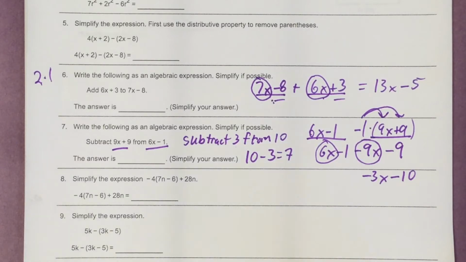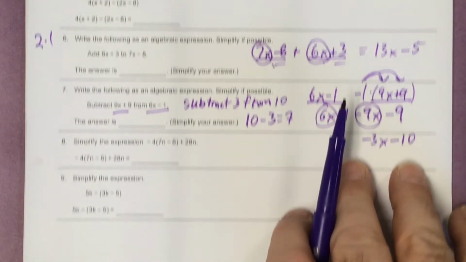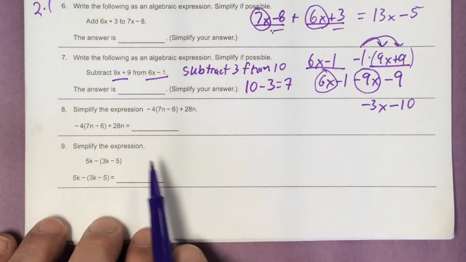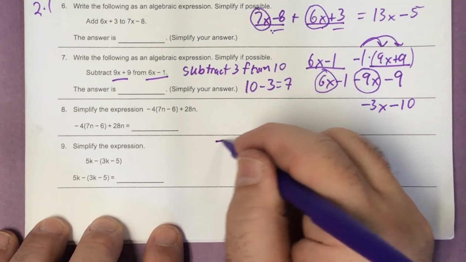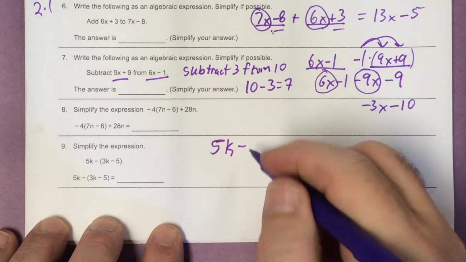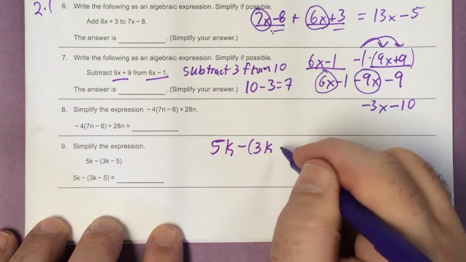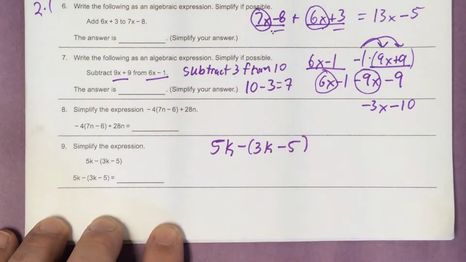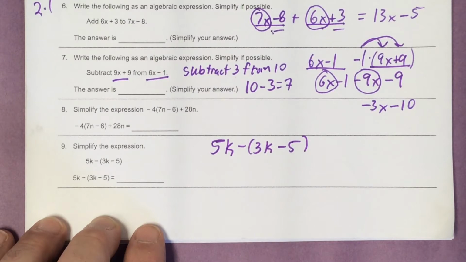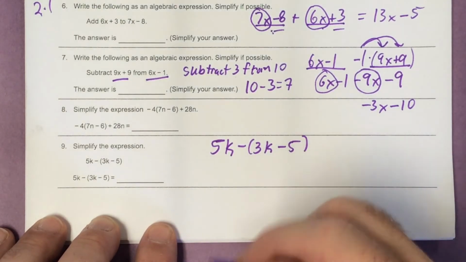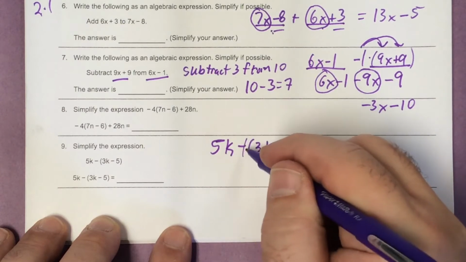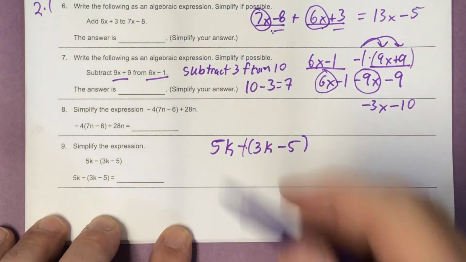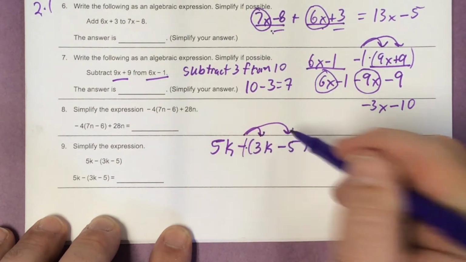We'll go ahead and take a look at question 9 now, just to go through an additional example of this here. So we have in question 9 5k minus the quantity of 3k minus 5. So if I have a negative next to a parenthesis, what's implied here, and we talked about what's implied in class, is 1 and then times. So I'm multiplying everything here by a negative 1.